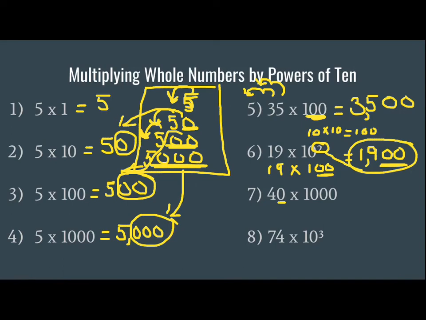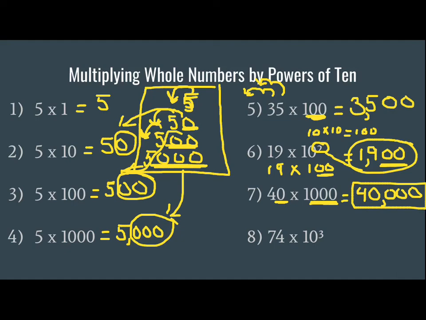Then we need to add an additional 3 zeros to make sure everything gets into the right place value. So I'm writing my 40, but then I still need to add the additional 3 zeros to come up with 40,000. Make sure you do not forget this 0 in 40.